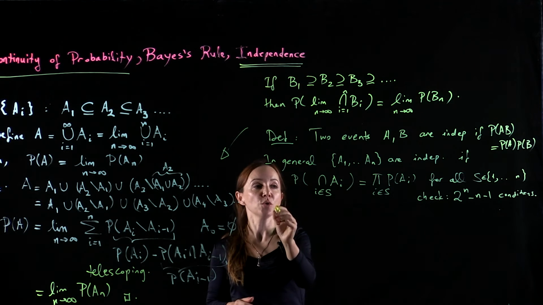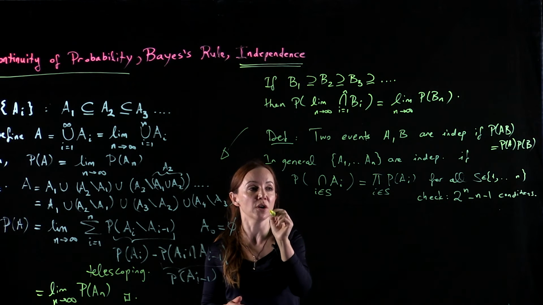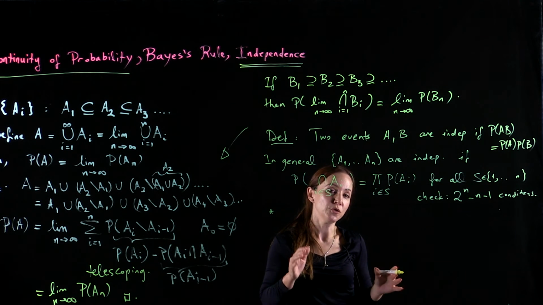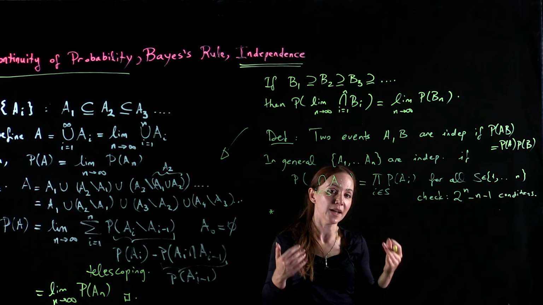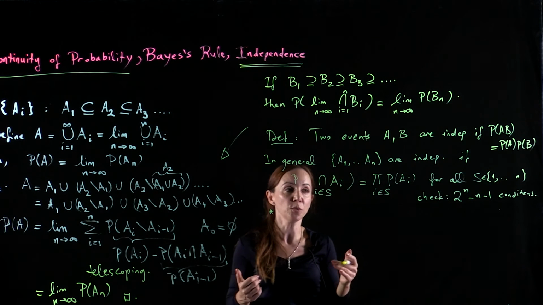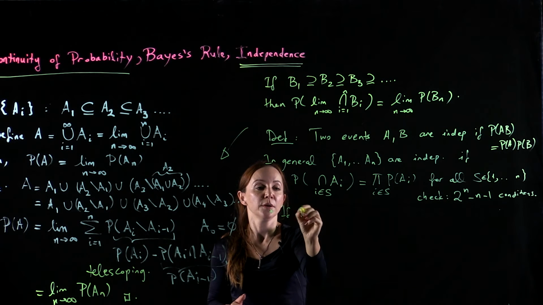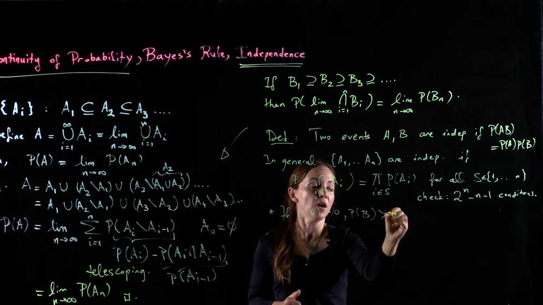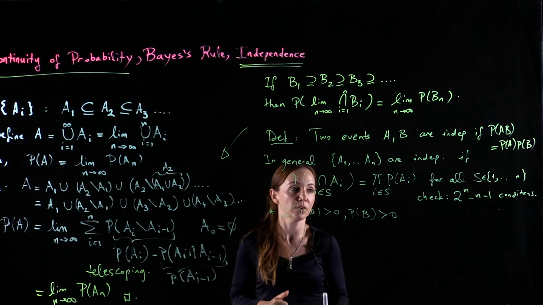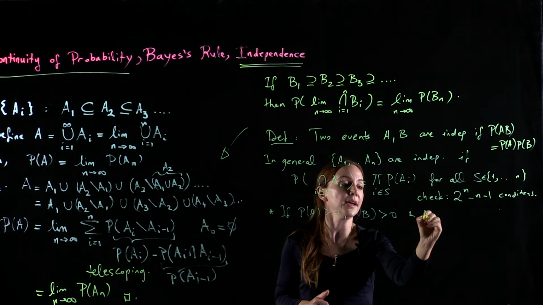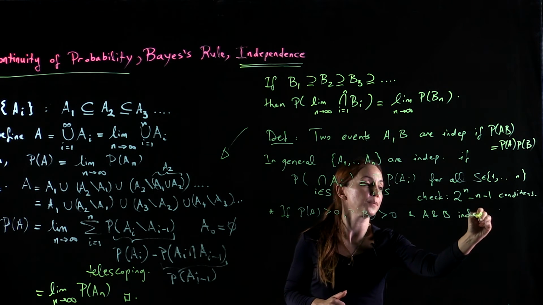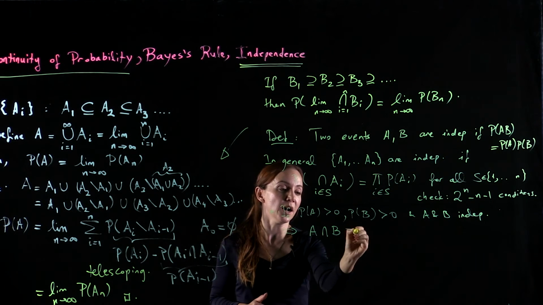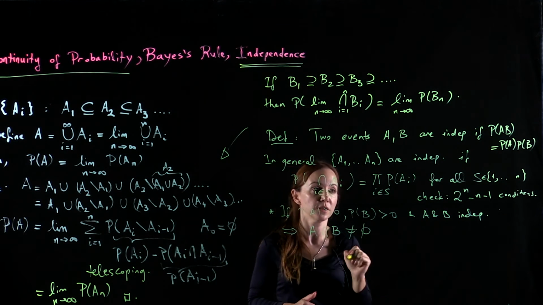Okay, so some corollaries of this definition are, first of all, when two events are disjoint, they cannot be independent. So in other words, if P of A and P of B are non-zero, and A and B are to be independent, then A and B cannot be disjoint.